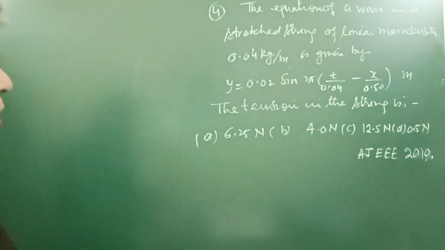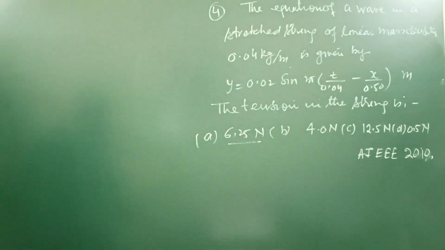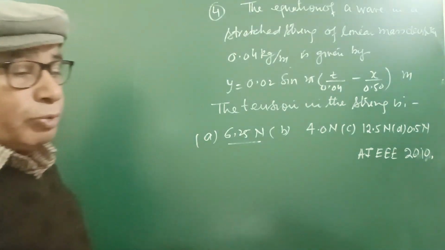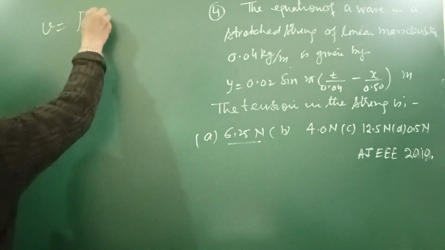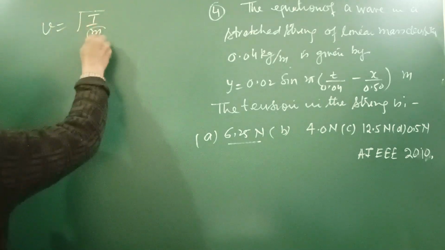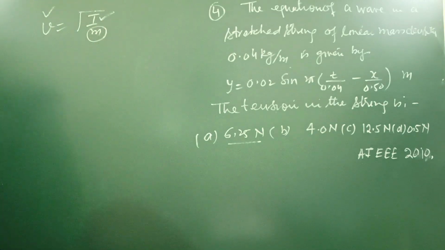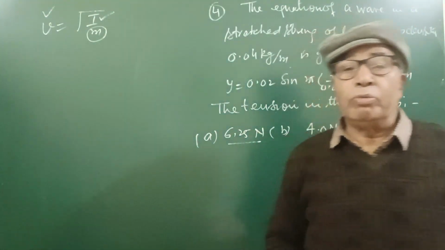The tension in the string is... This is the equation of a wave in a string. You know, in a stretched string the wave will be a transverse wave. Velocity of a transverse wave is equal to under root T by mu. You are given mu, you are asked T, so you should know what is v. From where you will get the velocity of the wave?